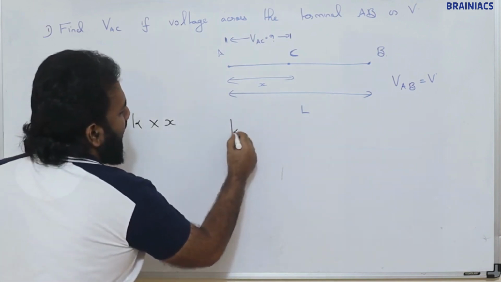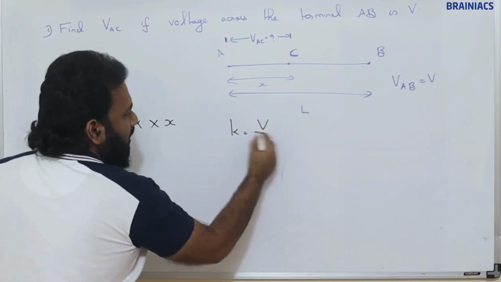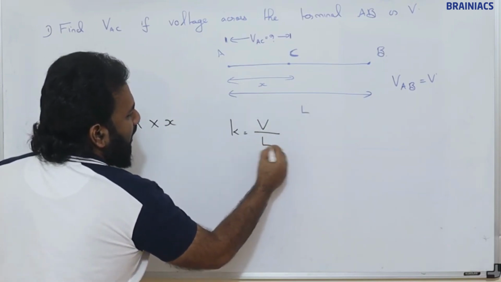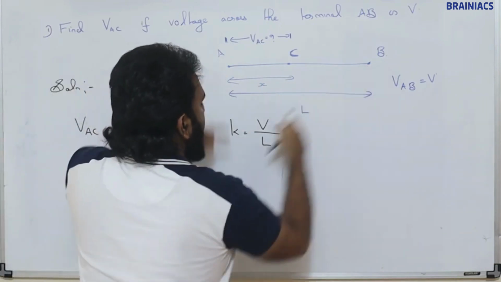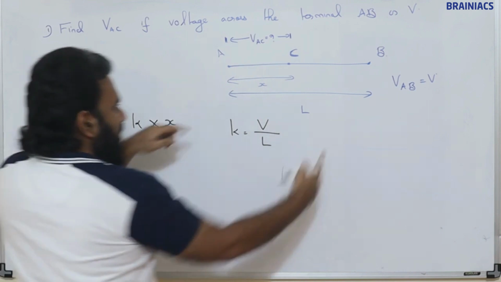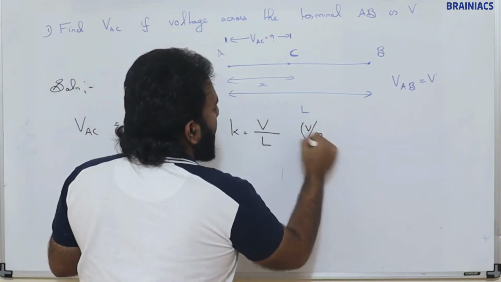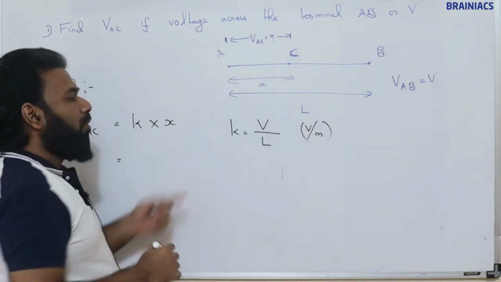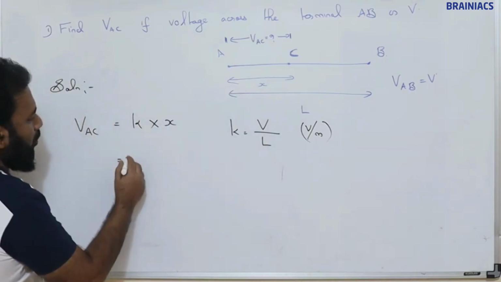Now what is the voltage gradient here? Voltage gradient K is nothing but the total voltage across the length divided by its total length. So the voltage across this AB is V, and the total length is L. So this is the volt per meter. Okay, the voltage drop across unit length is this much. So what we can do?